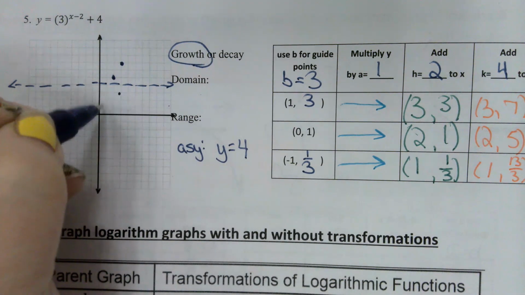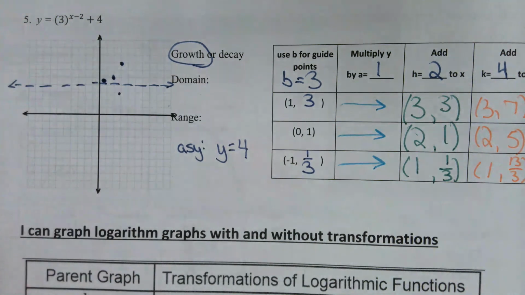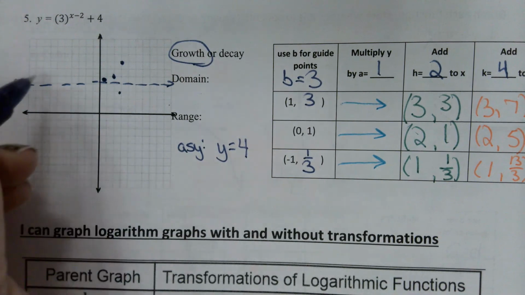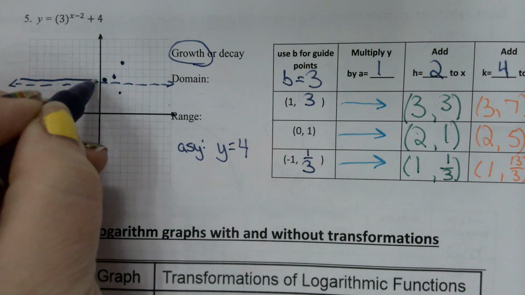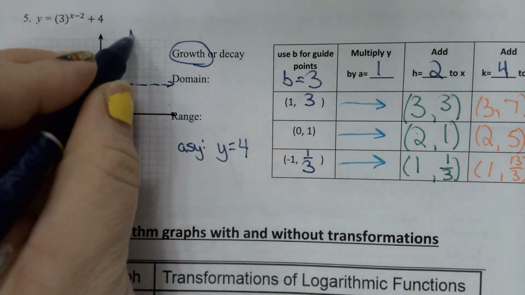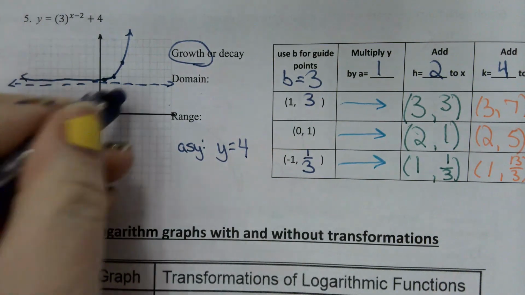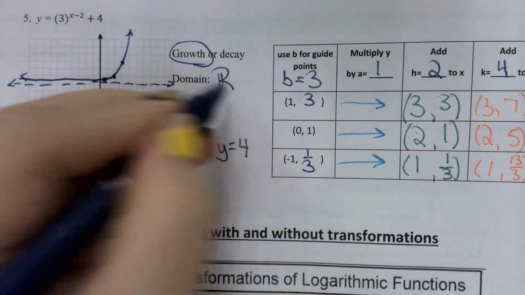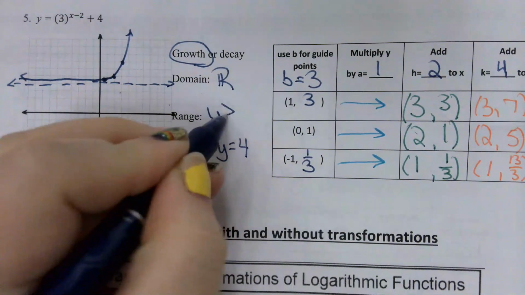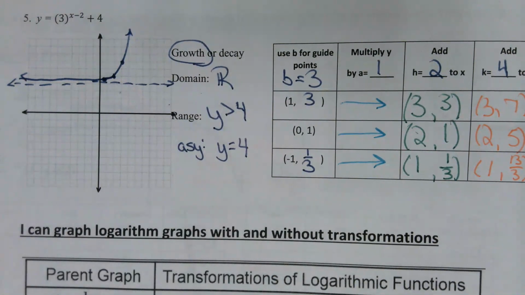And 1 and 13/3 repeating is 4 and some change. So that means it's going to continue along our asymptote over here on the left and then up through our points. Domain still remains as all real numbers. Our range, y, is greater than our k value, which is 4, because it's sitting on top of our asymptote.